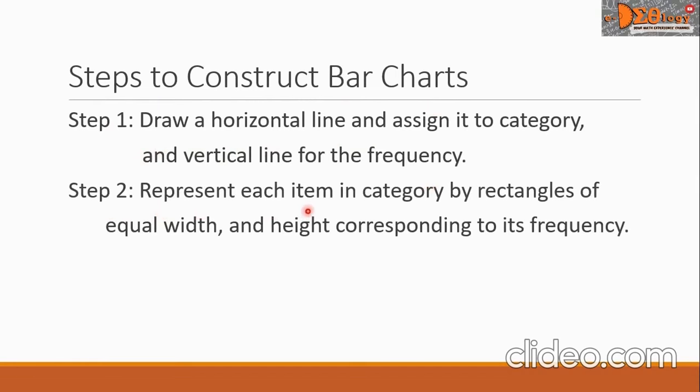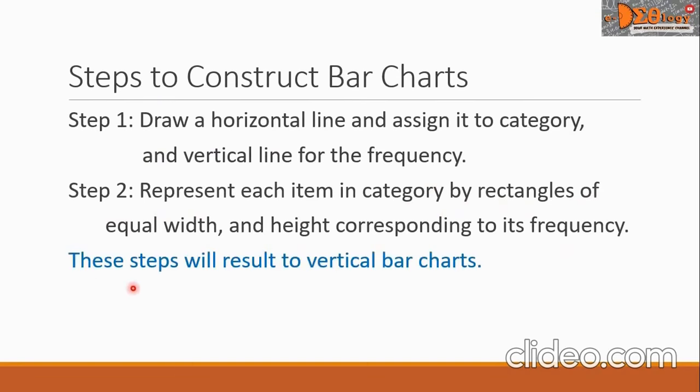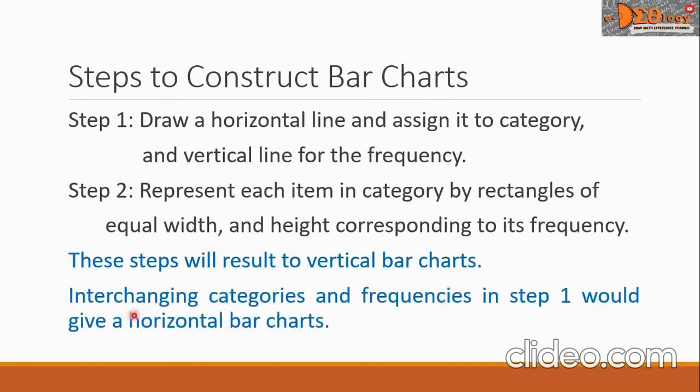Represent each item in category by rectangles of equal width and height corresponding to its frequency. These steps will result to vertical bar charts. Interchanging categories and frequencies in step 1 would give a horizontal bar charts.